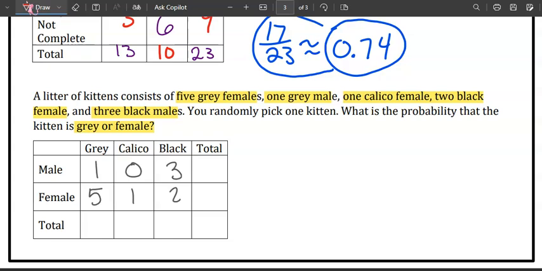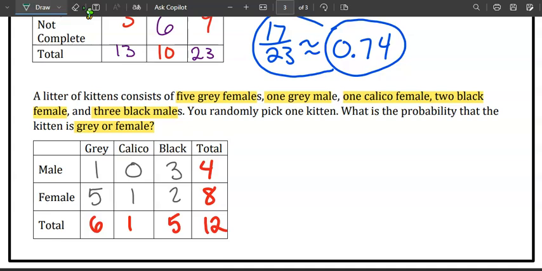Alright, so all we need to find here are the totals. We have 4 males and 8 females. We have 6 grays, 1 calico, and 5 black. And then the total amount of kittens is 12. Now, what's the probability that the kitten is gray or female?